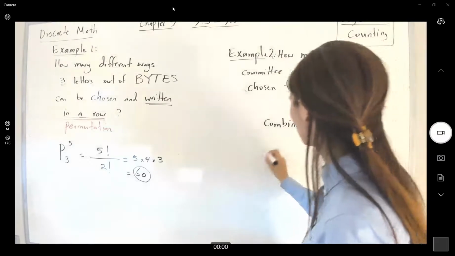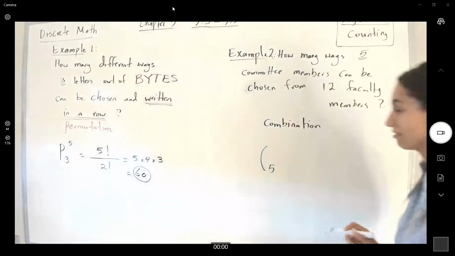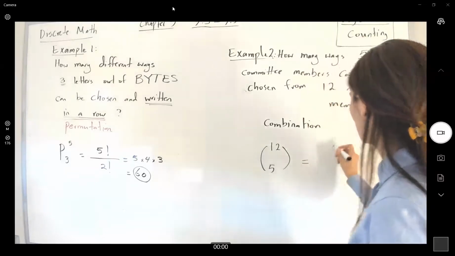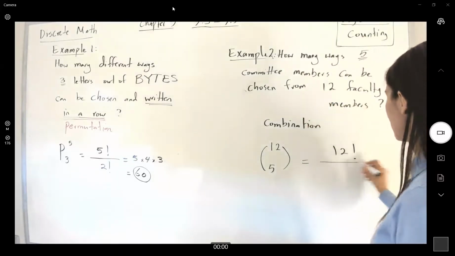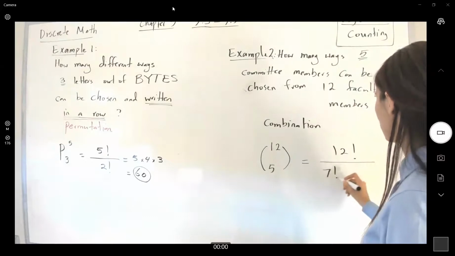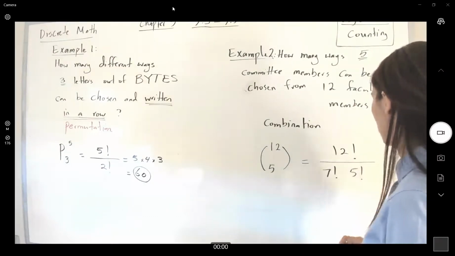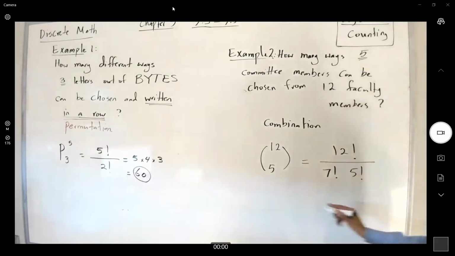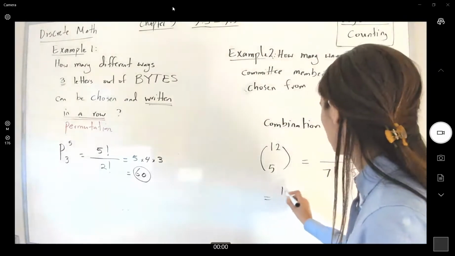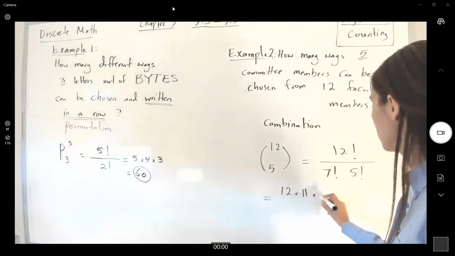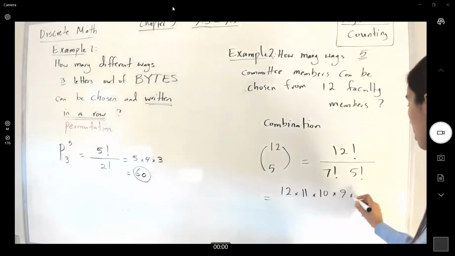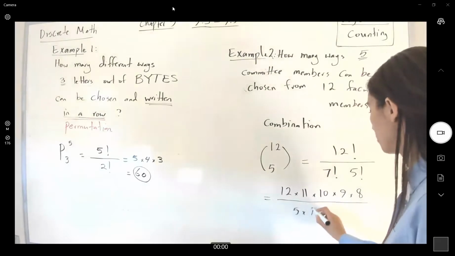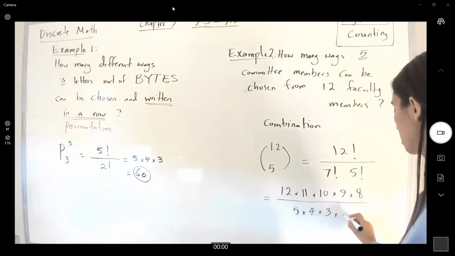Combination of 5 faculty out of 12 faculty. So you get 12 factorial divided by 7 factorial times 5 factorial. Whatever that number is, that's the combination. You can simplify this as 12 times 11 times 10 times 9 times 8 divided by 5 times 4 times 3 times 2.